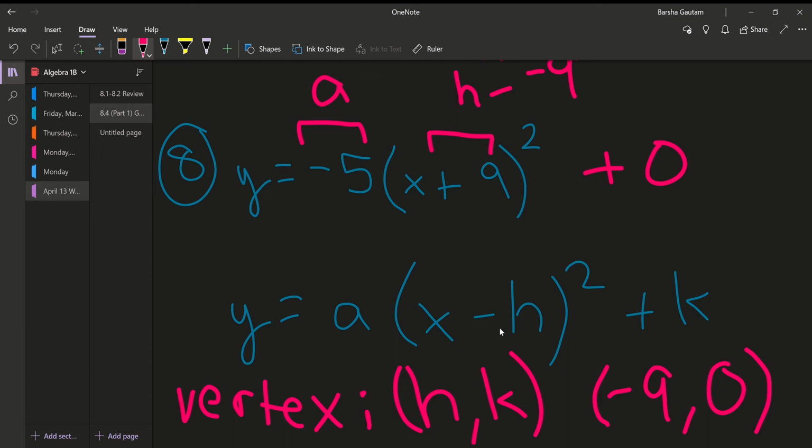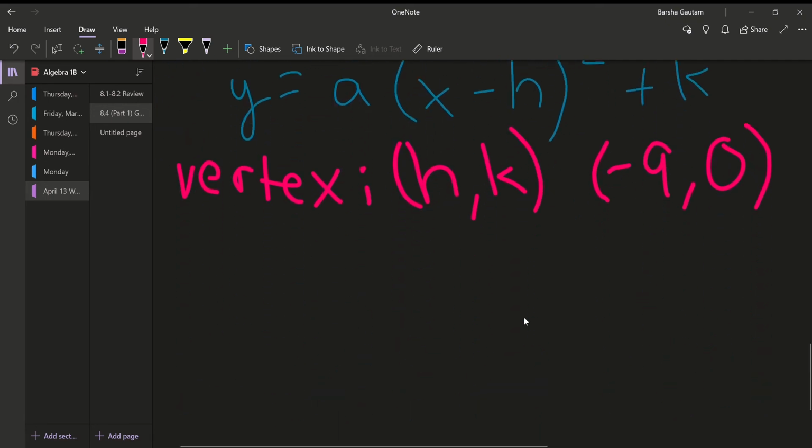Alright, so our vertex is (negative 9, 0). Whatever symbol you see here, you have to make sure to look at this first. If it was negative 9, then our h would have been positive 9, and since it's positive 9 here, it's going to have to be negative h.